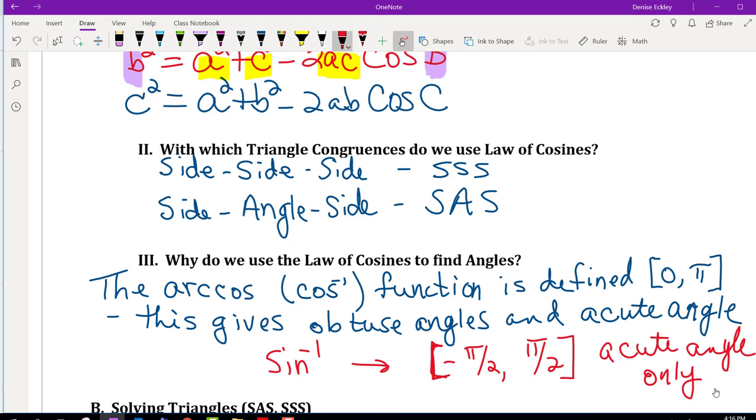If it's negative 30, you'd have to figure out what that is if you're in the second quadrant. So it's just much easier to use the inverse cosine. That's why we use it when we have either all 3 sides or 2 sides and an angle, because it's easier using the law of cosines to find the other side.